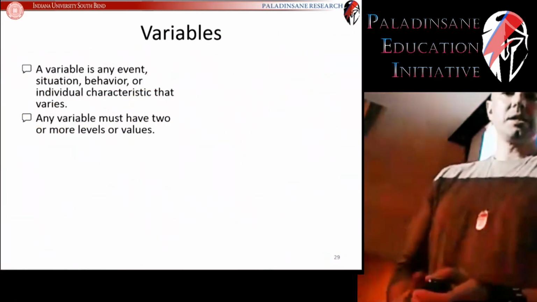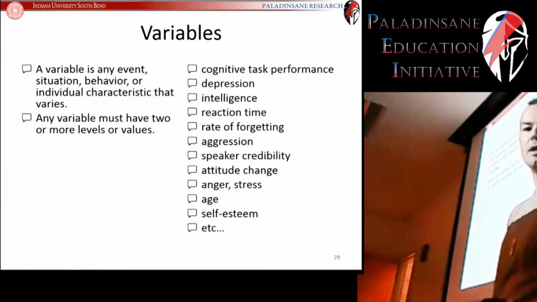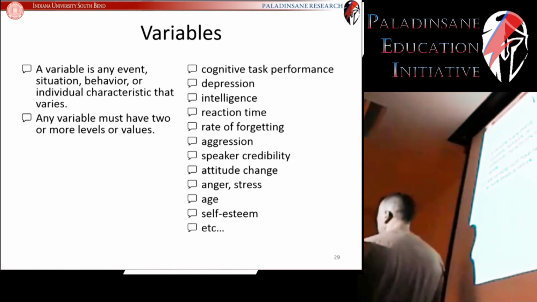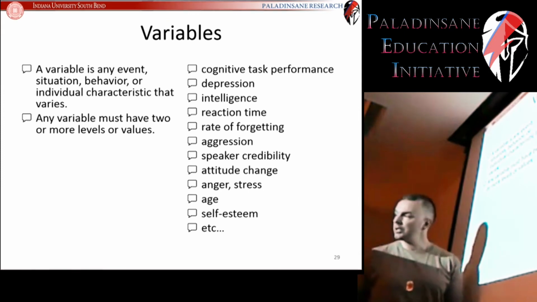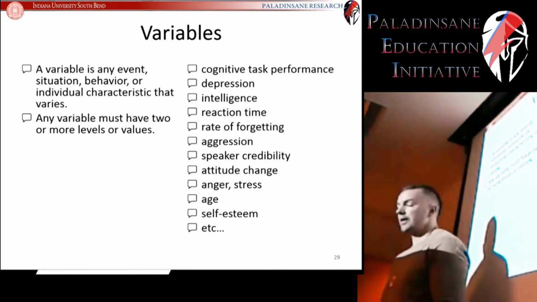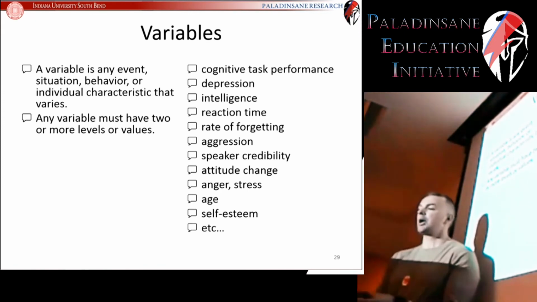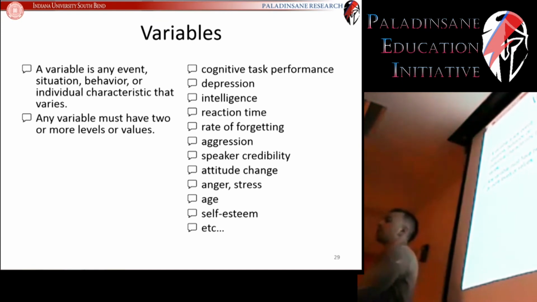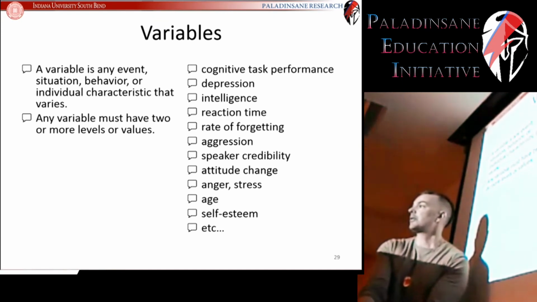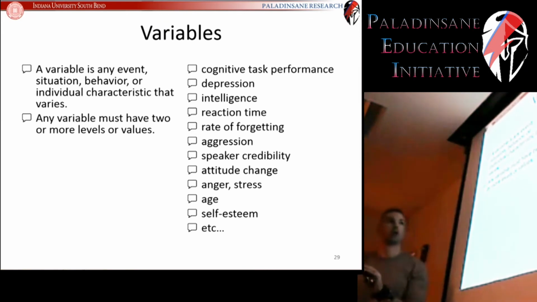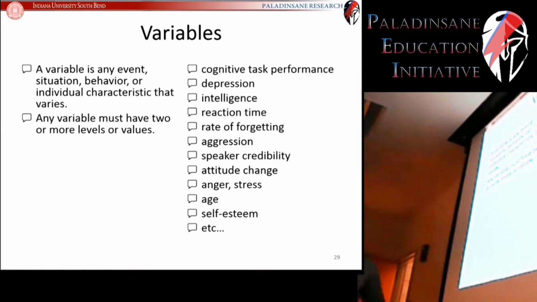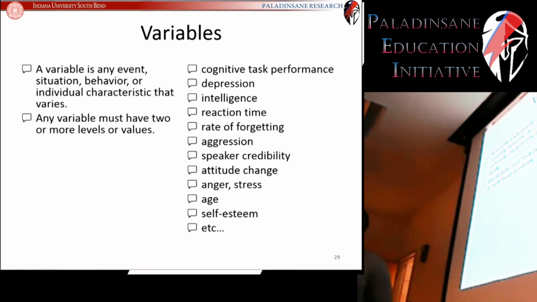All right, so that's the idea of variables. And variables in psychology, things like cognitive task performance. Do you have a fast reaction time, slow reaction time? Can you remember a lot of words? Can you not remember a lot of words? Do you have a high IQ? Do you have a lower IQ? Those are variables. Levels of depression, some people are highly depressed, some people are not. Levels of intelligence, I mentioned that.